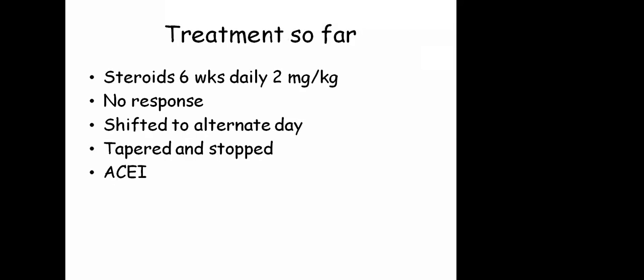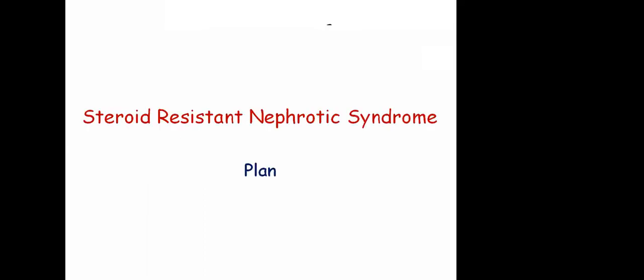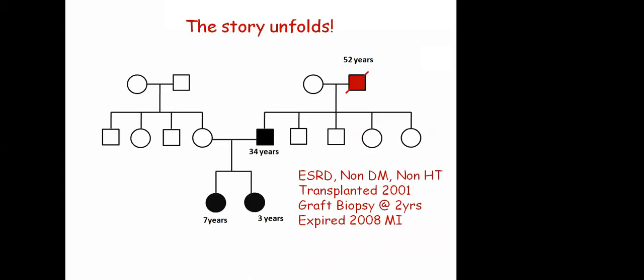A 7-year-old female, recurrent episodes of swelling, onset 2007, progression was there, steroids for 6 weeks daily, 2 milligram, no response, shifted to alternate day, tapered and stopped, ACE inhibitors were started, and this patient was labeled as steroid resistant nephrotic. So this child has a very classical clinical history, with a strong family history.